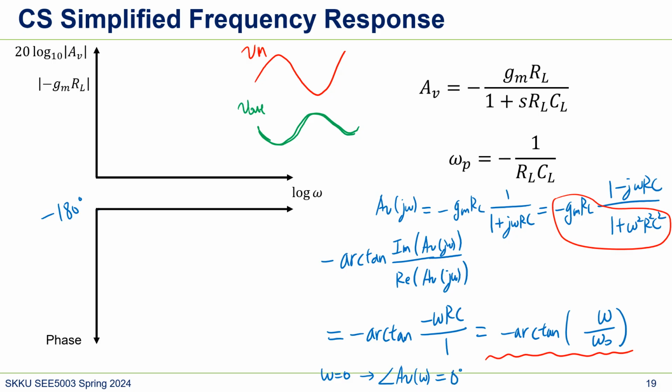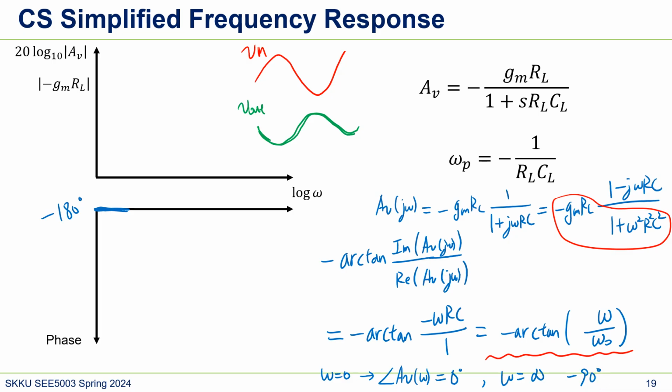So it just goes here at DC. And what about when omega is infinity? It's arc tangent of infinity, and the angle is 90 degrees, right? So it's minus 90 degrees because we have the minus sign here.